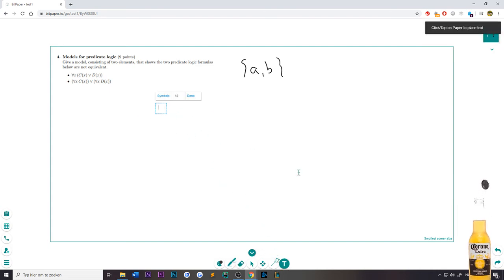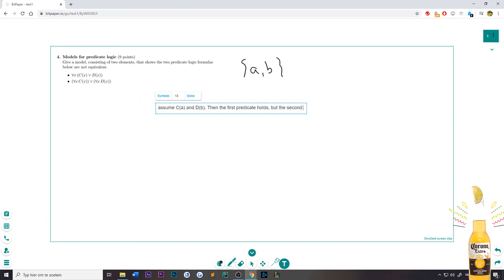Assume C(A) and D(B). Then the first predicate holds, but the second one does not. Therefore, they are not equivalent. And that's your answer. Now you get 9 points.